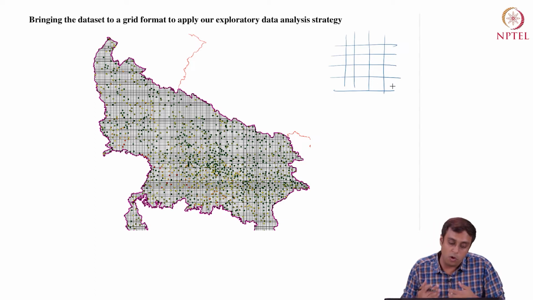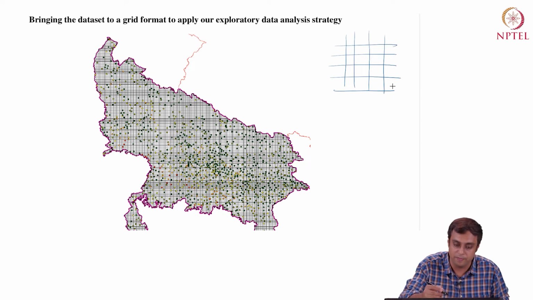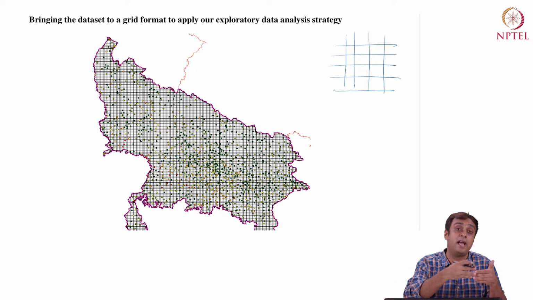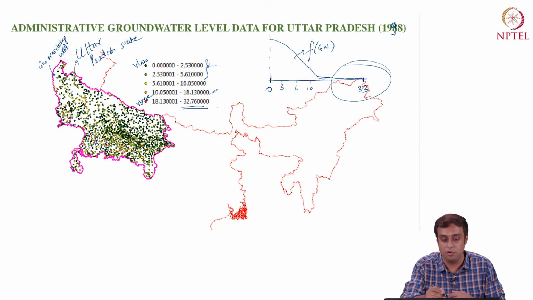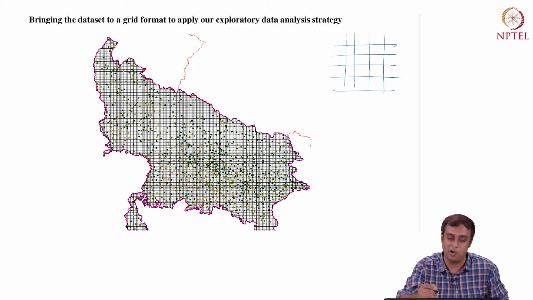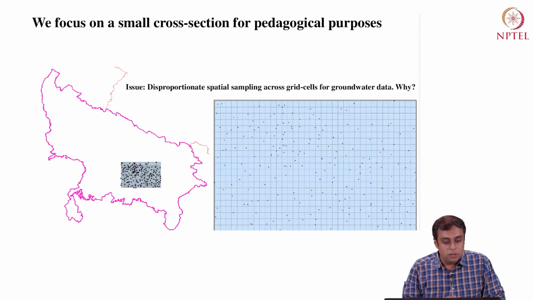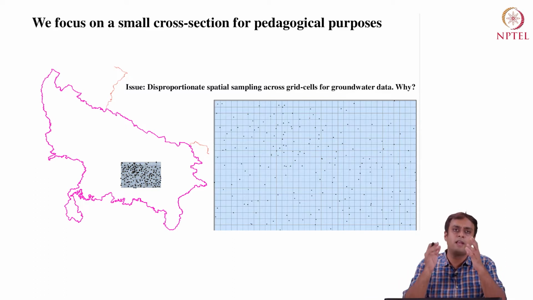Okay, so we apply this grid cell formulation and try to organize the data in this format to move forward. We have to apply an intervention to the given raw data set to be able to move forward with the textbook methodology that we have seen till now. For the purpose of this lecture, we will look at a very small area.